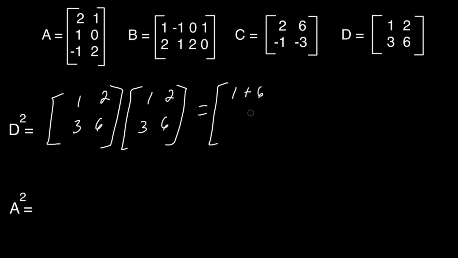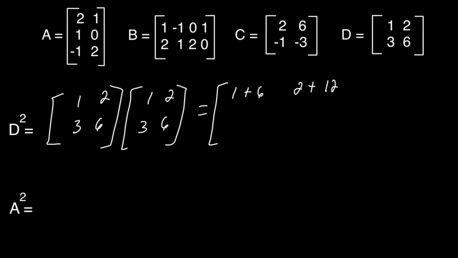We haven't finished all the columns. We've got to move into the next column before we can go down to the next row. So 1 times 2 is going to be 2. And 2 times 6 is going to be 12. Now we can move down to the next row because we have finished both columns.